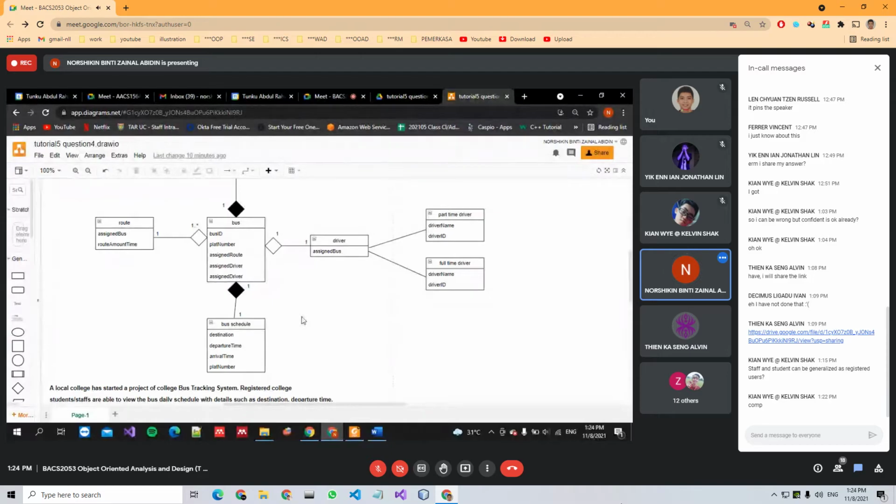Okay, let me recap. He mentioned the generalization just now. So this is the generalization: part-time driver and full-time driver, because part-time and full-time are both a driver. As you can see here, he wrote this generalization relationship, and he used the correct multiplicity notation. Driver can only drive one bus, and one bus can only be driven by one driver.